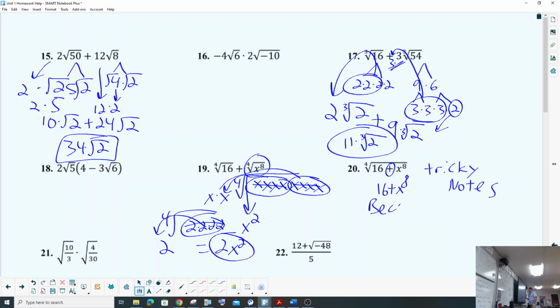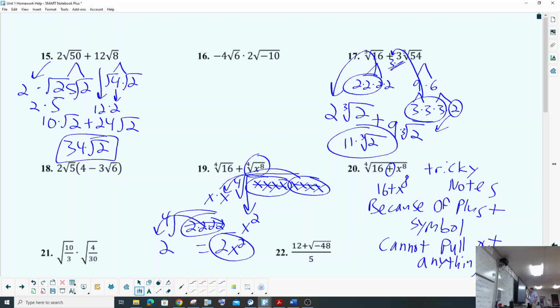Because of the plus symbol, we cannot pull out anything. And so our answer for number 20 is just going to be that.